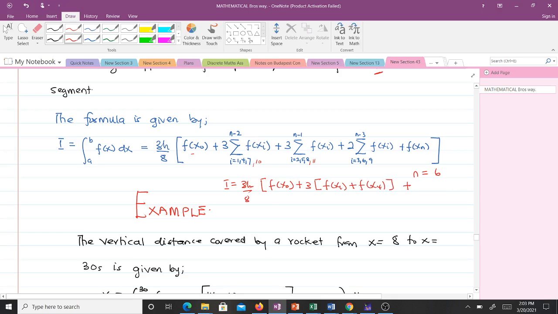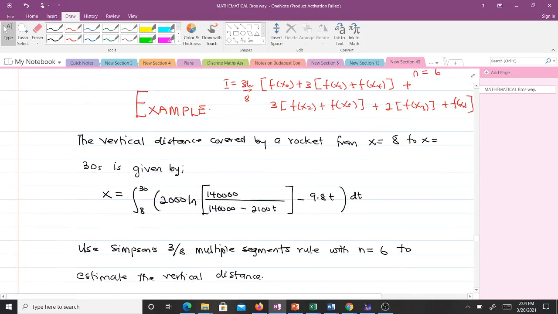Then we'll get plus 3 times f of x2, then plus f of x5. Then we get 2 times f of x3. But I know f of x6 is f of xn, so that will be plus f of x6. So that's how we expand it. When n is 9, 12, you should know how to expand this. Okay, let's solve an example with it.